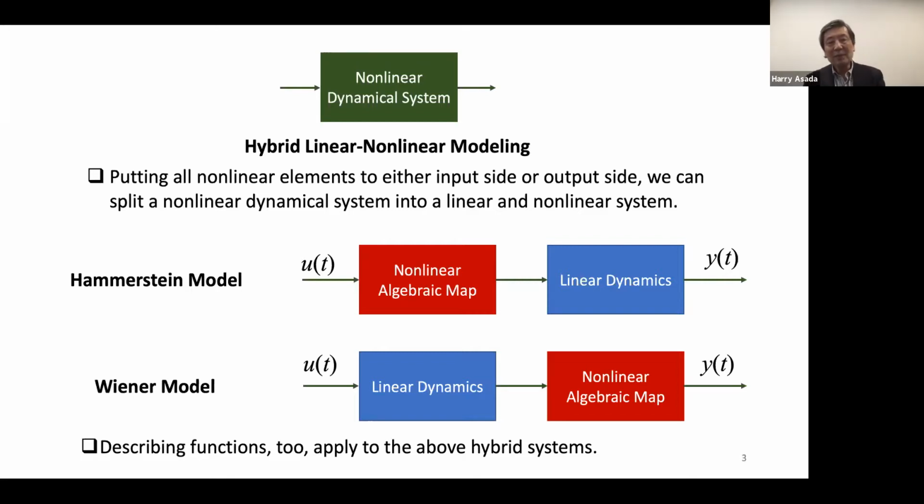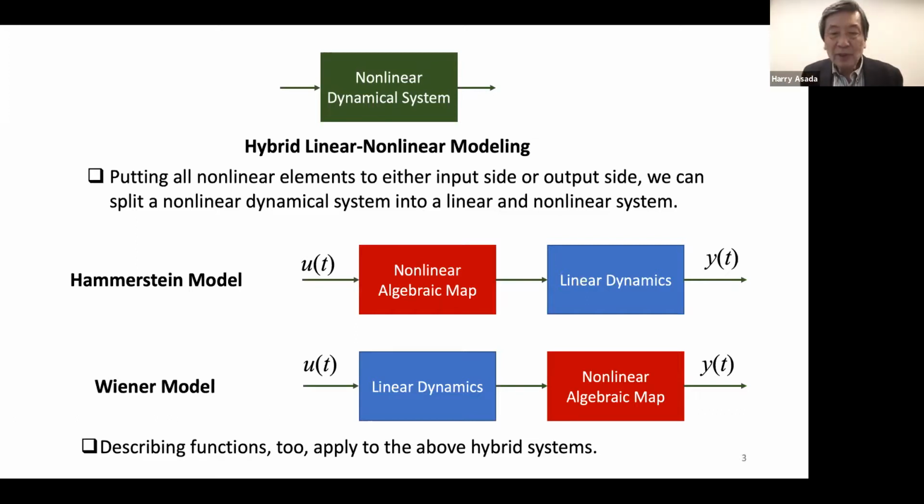This is nothing but an application and approximation, I would say, because nonlinear elements are partly involved in the springs and partly involved in, say, friction models. They are all connected together, so usually each nonlinear element cannot actually be lumped together.